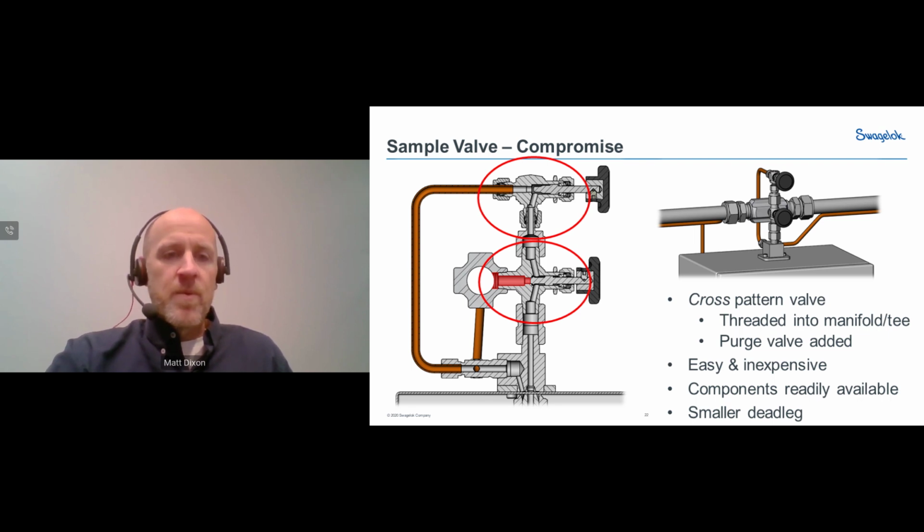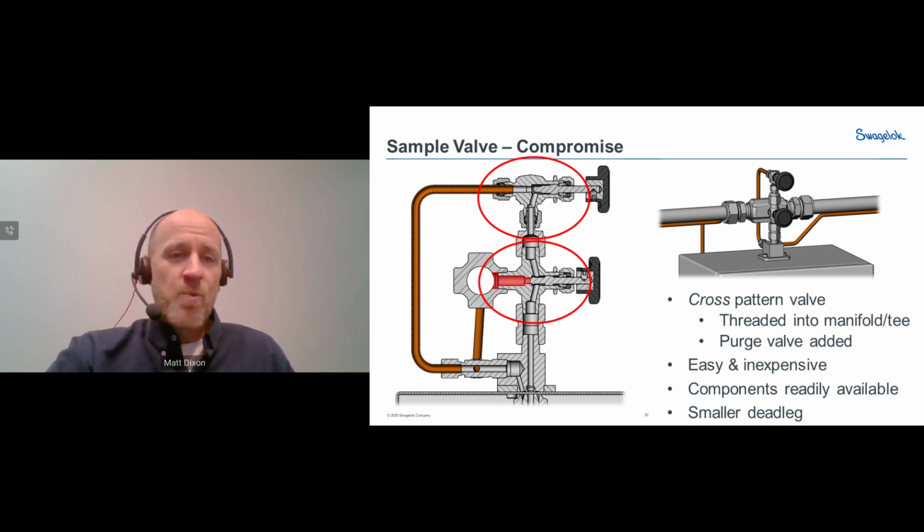So here we have that cross pattern valve. We've got a similar valve, but an angle pattern, where we can introduce steam as a purge fluid. And now we've got the same basic functionality as our ideal integral valve solution. Now, we do still have a little bit of a dead leg, of course, on the inlet, but it's not as big as the one that we had initially with that different valve series.